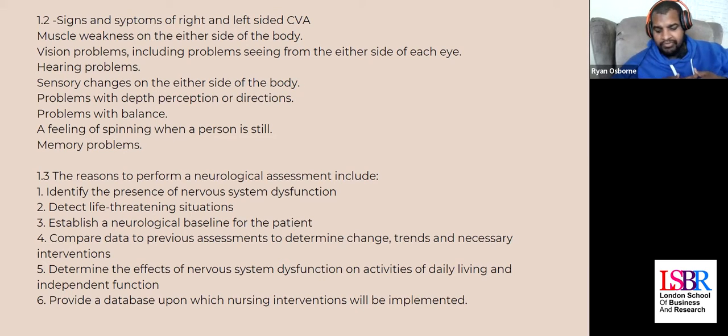The next thing is that there are particular problems with their depth perception or direction itself. Now, with that, people who are having a stroke or a mini stroke, let's say, may forget where they are, where they're going.